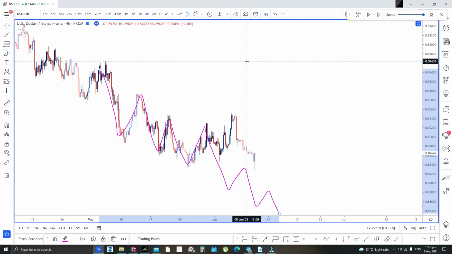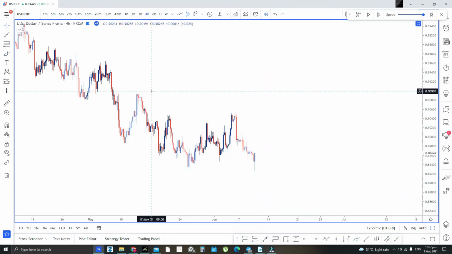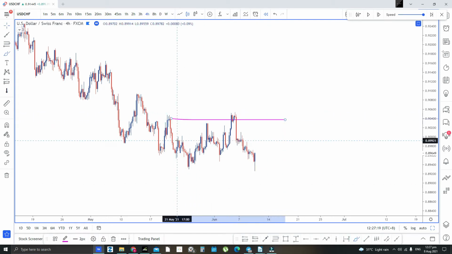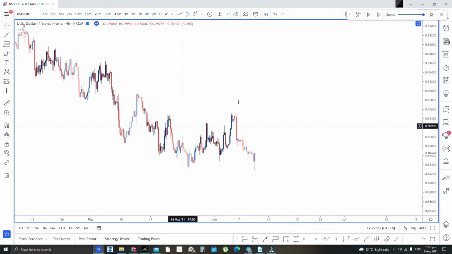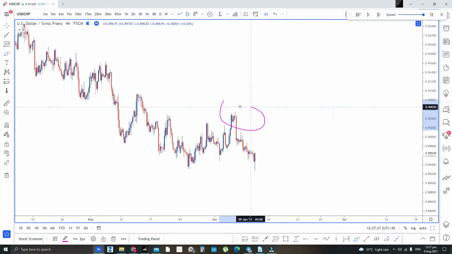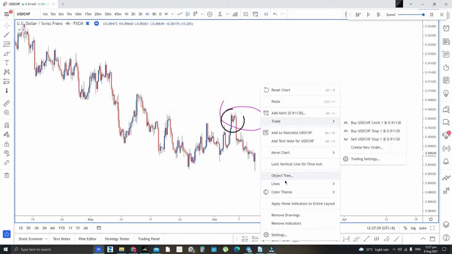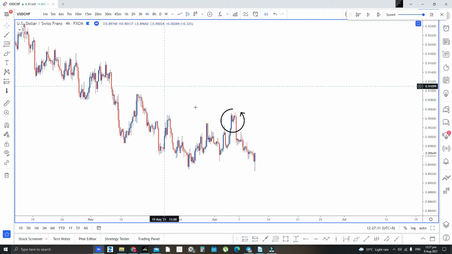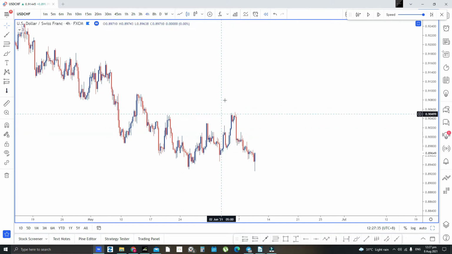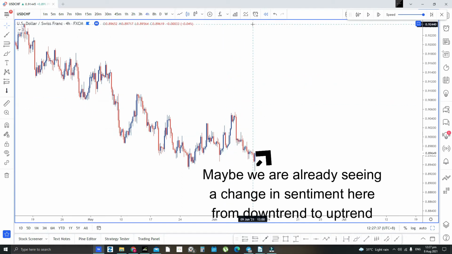And then all of a sudden, price broke the structure to the upside right over here. This move right here really confirmed it. So right now we are interested. Because of this move, we see that maybe price is already going on an uptrend.